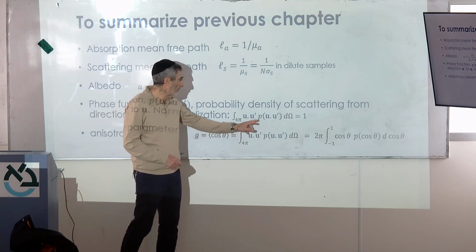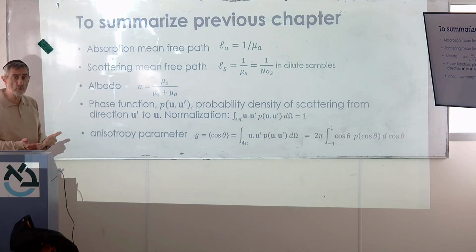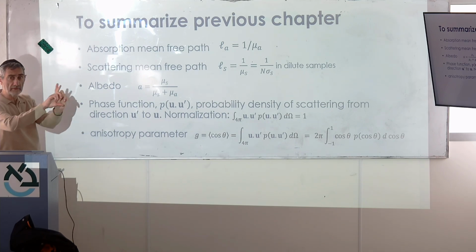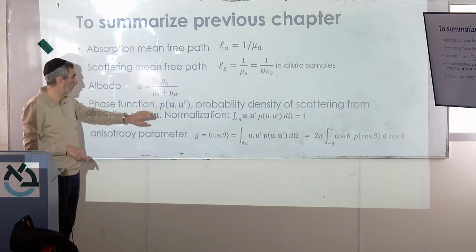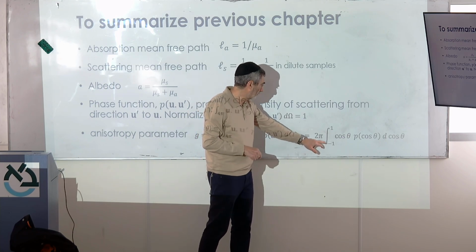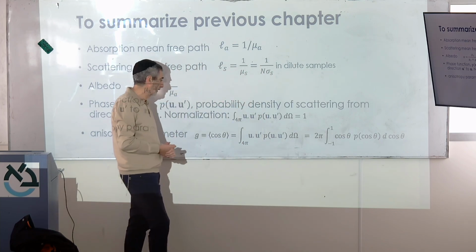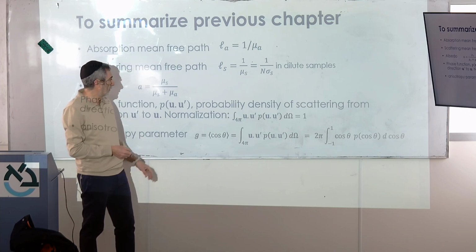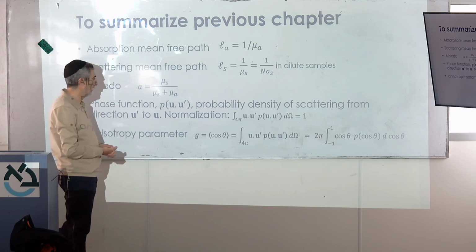In general P depends only on the product u u prime, on the cosine theta, so the difference between the two angles, whatever their direction, it's only the cosine theta that matters. So you can write it like that: 2 pi times the integral from -1 to +1 of cosine theta P of cosine theta d cos theta. That's why we call it the average cos theta. You see it's taking the probability density times the cos theta, and that gives you g.